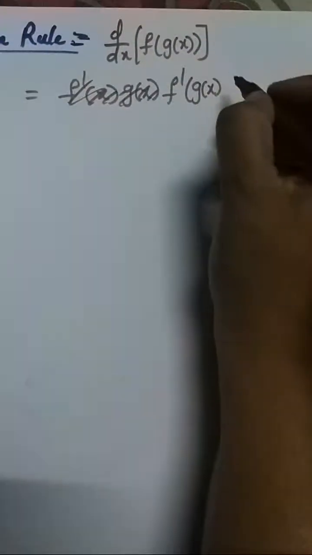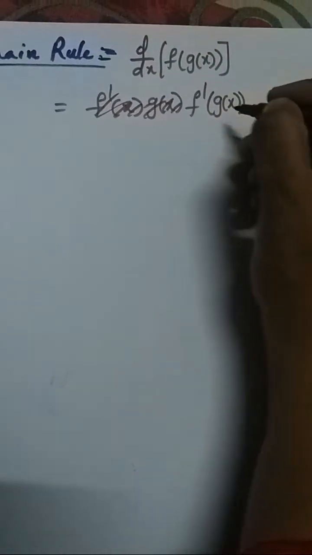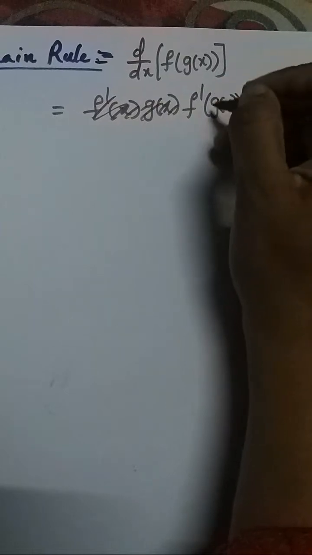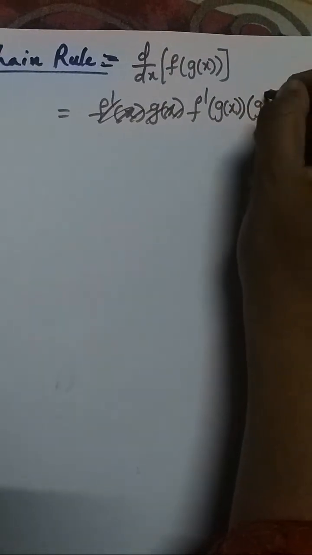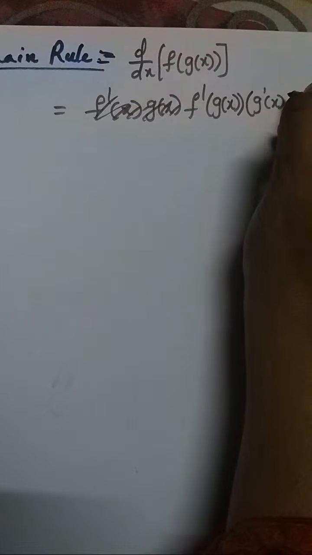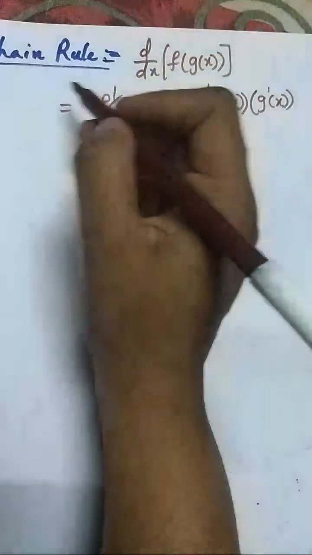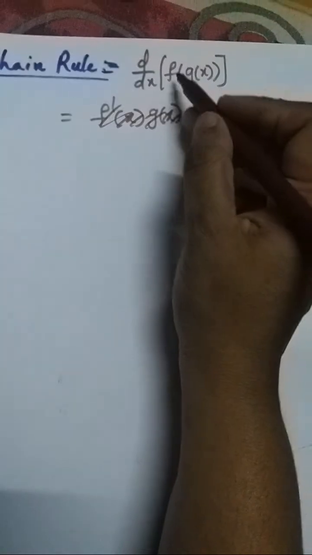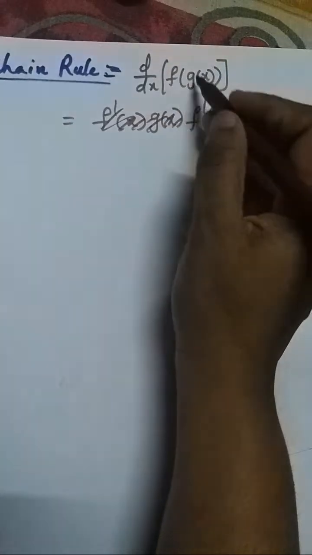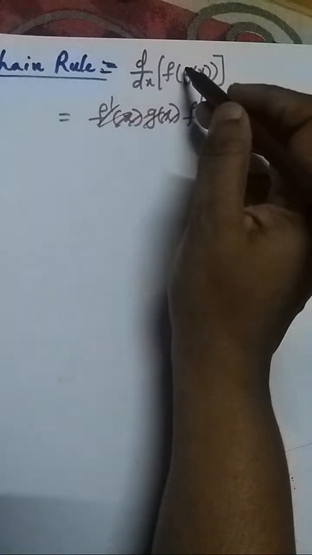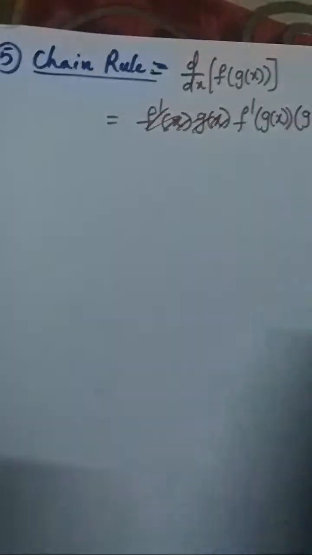As it is we write the inside value, and next we do the g of x differentiation, that is g dash of x. This way we do the chain rule. First we differentiate f of x, keeping g of x as it is, and next we do g of x differentiation. That's all, the rules are completed.